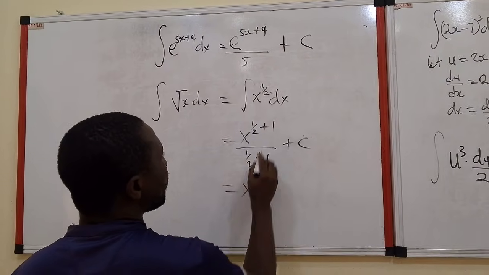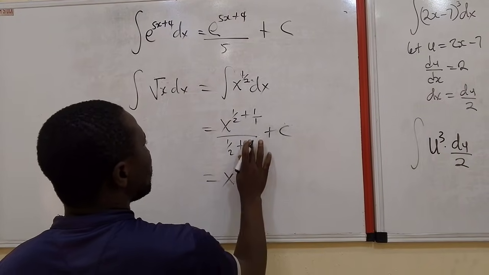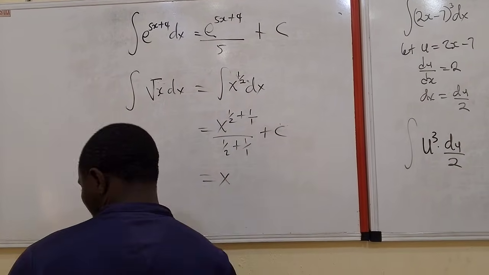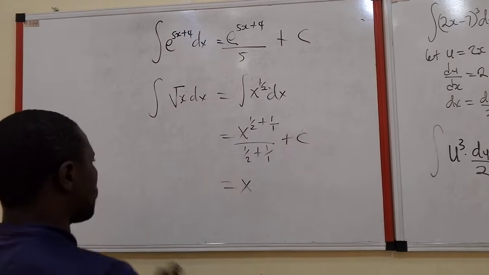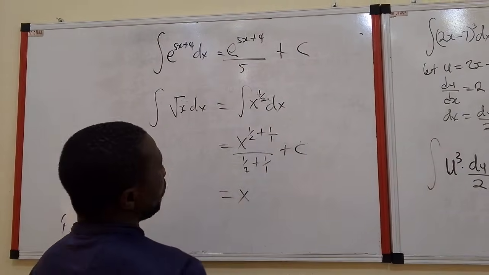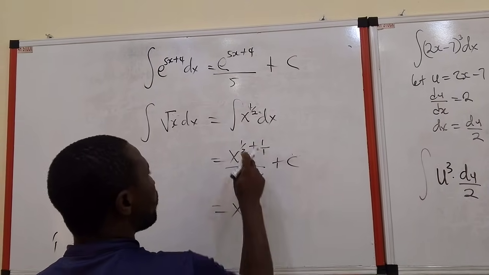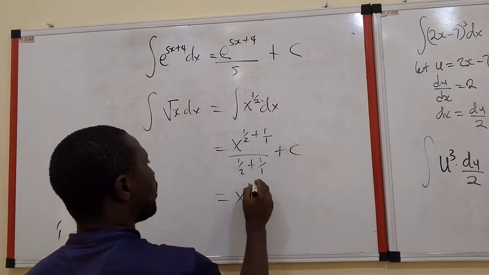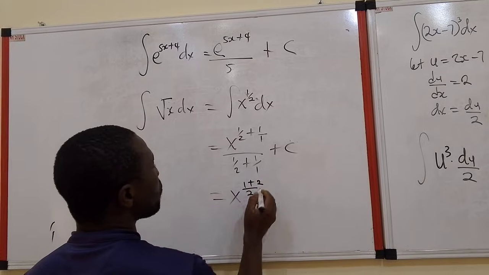We look for the LCM. Put over 1 here, here also 1 over 1. Look for the LCM. If you do that, this is what you are going to get. You have x raised by the LCM of that, which is 2. 2 divided by 2 is 1, 1 times 1 is 1, plus 1 divided by 2 is 2, times 1 is 2.